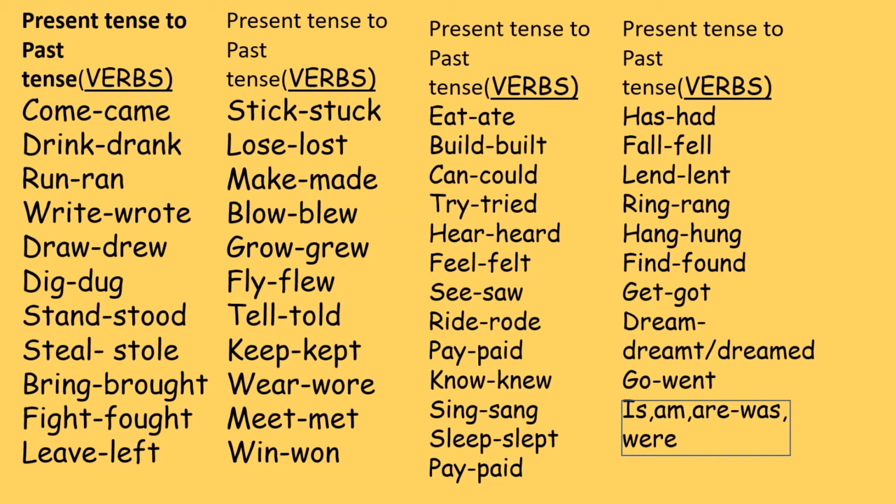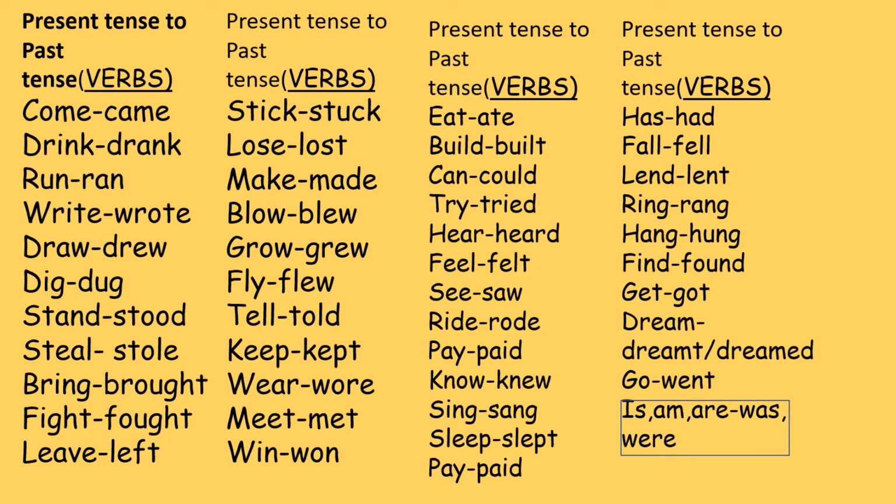The verbs do not use the spelling of the present tense anymore if it's used as in last week or yesterday. The spellings are changed, because these are the irregular verbs.